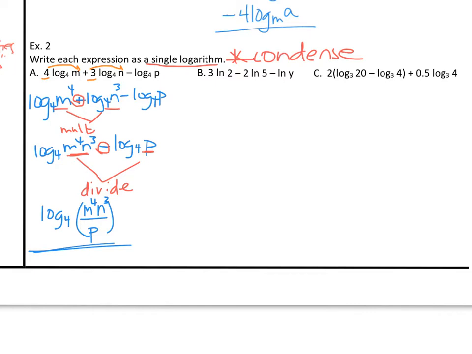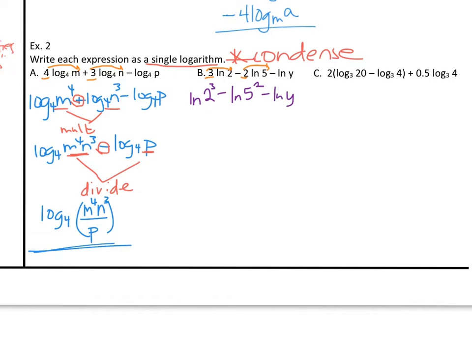Our next example has 2 subtraction problems, and we'll get to that in just a moment. But first, let's look at our coefficients out in front. Again, anytime you have a coefficient, make that an exponent or a power. And we'll do those parts first. This gives us ln of 2 to the third power minus ln 5 squared minus ln y.